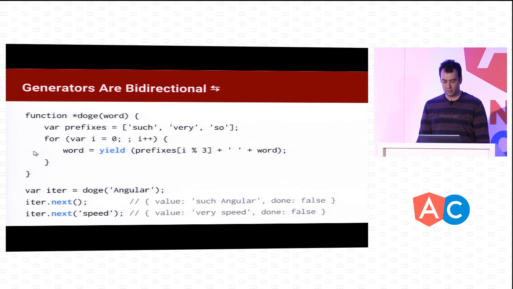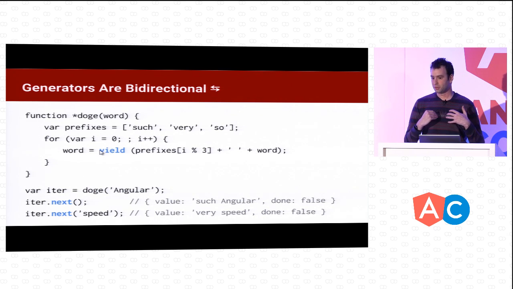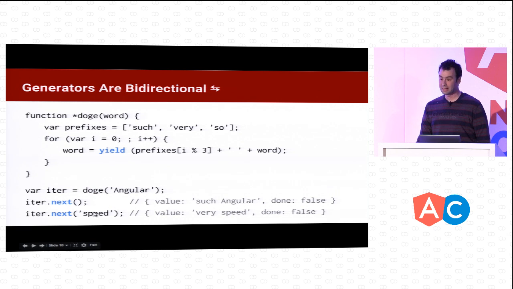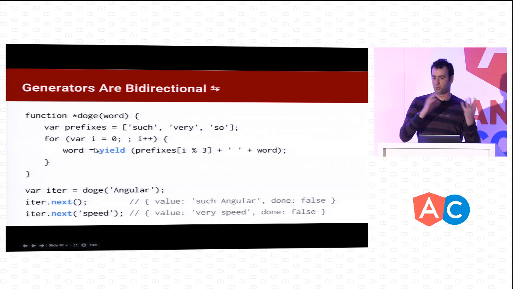Then the function stops executing in this yield statement. And here come the nice features of generators. Whenever we get something from the generator, we can give it something back. So in this case, we give it the next word, the word speed. When we invoke the second next function, we can specify a parameter, and this parameter will be returned from the yield statement. So it lets us communicate with the generator.